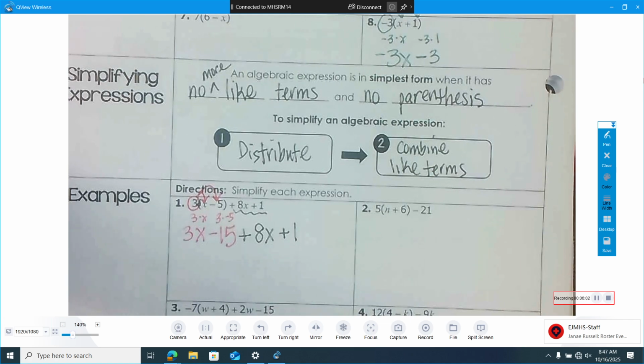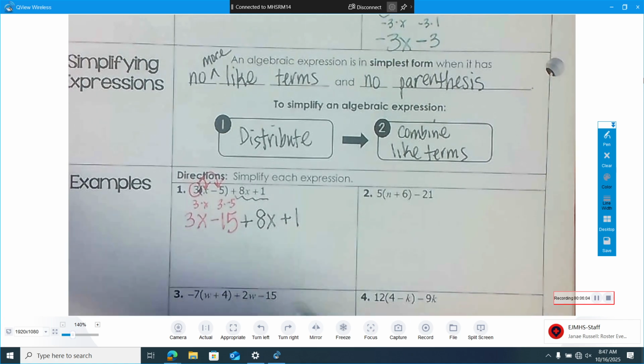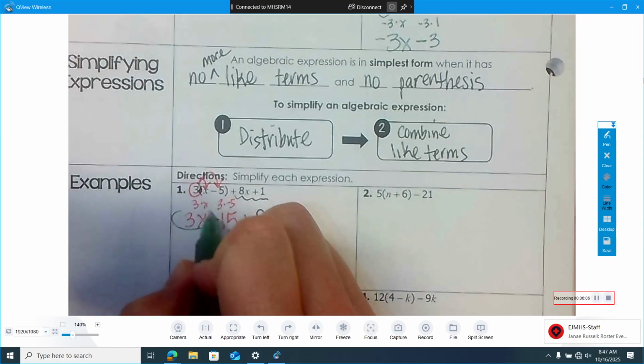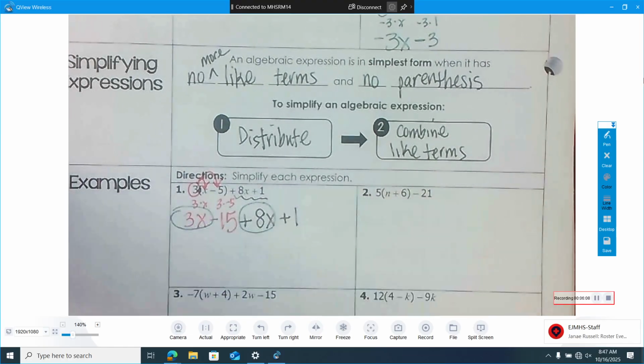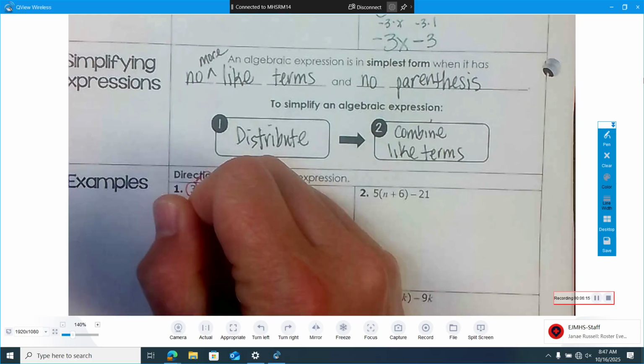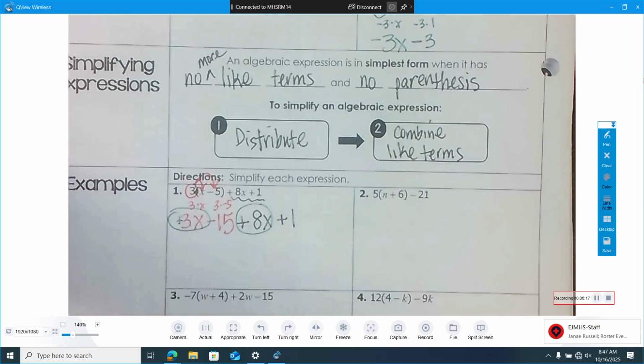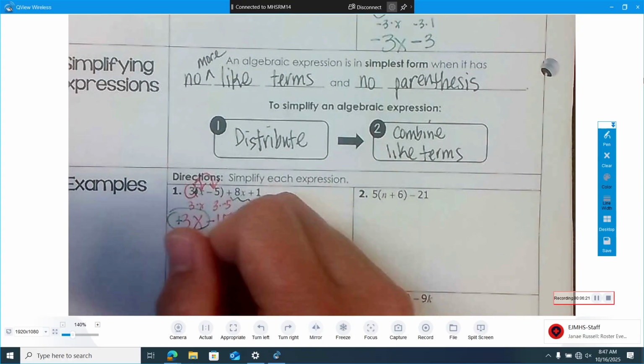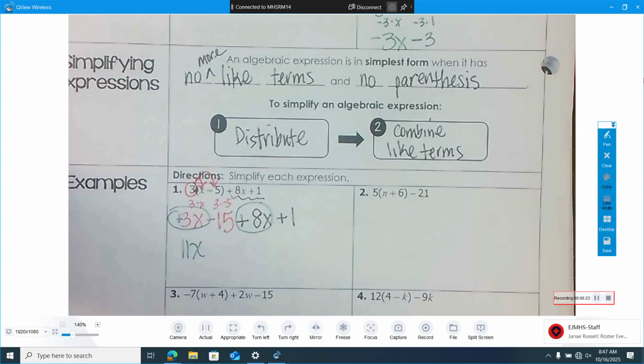So what's a pair of like terms here? 3x and positive 8x. Are they on the same team or are they at war? Same team. So we have positive 3x's and positive 8x's. So how many positives do we have? 11. 8, 9, 10, 11 x's. Very good.